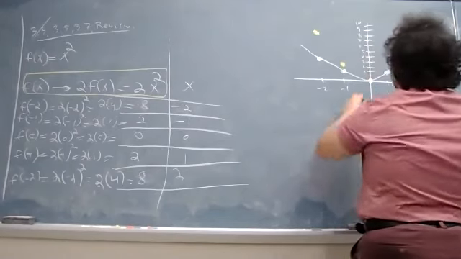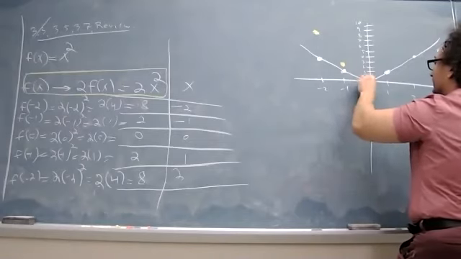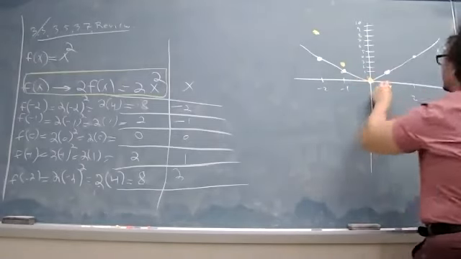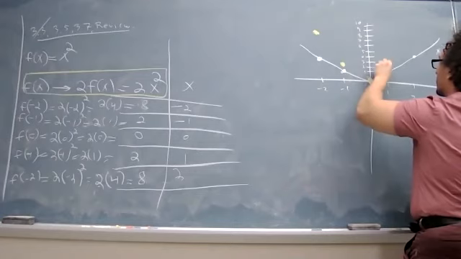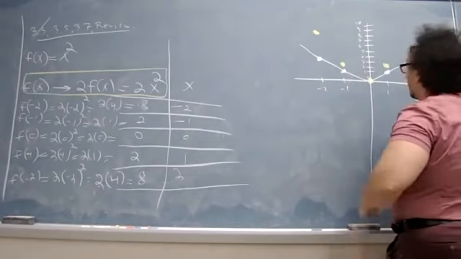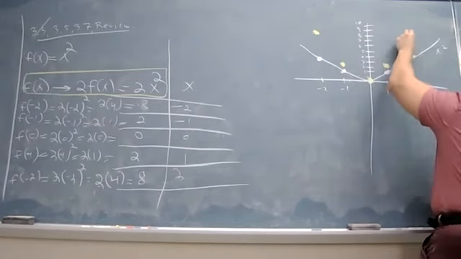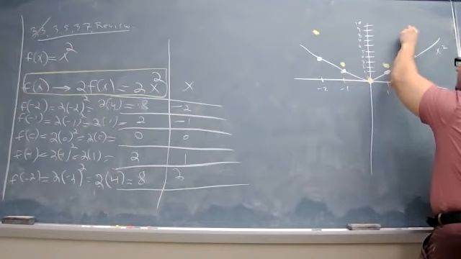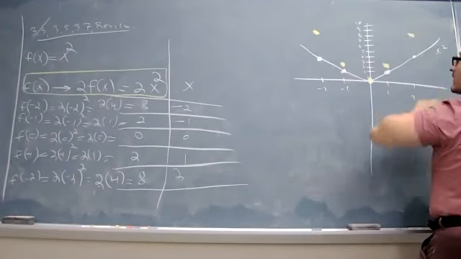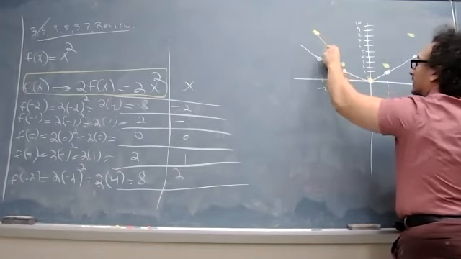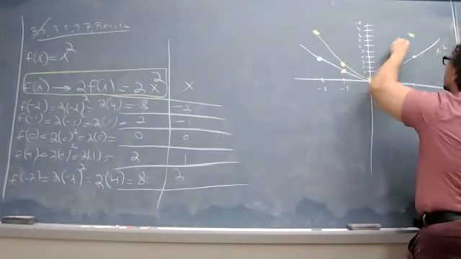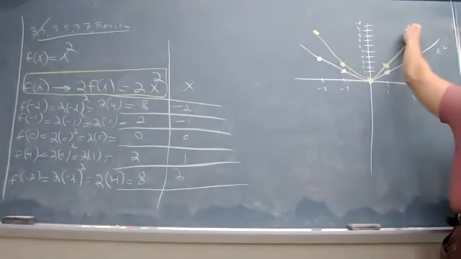At 0, it outputs a 0, put a dot. At 1, it outputs a 2, put a dot. At 2, it outputs an 8, put a dot. So let's take a look at what this looks like. It is indeed still a parabola, is it not?